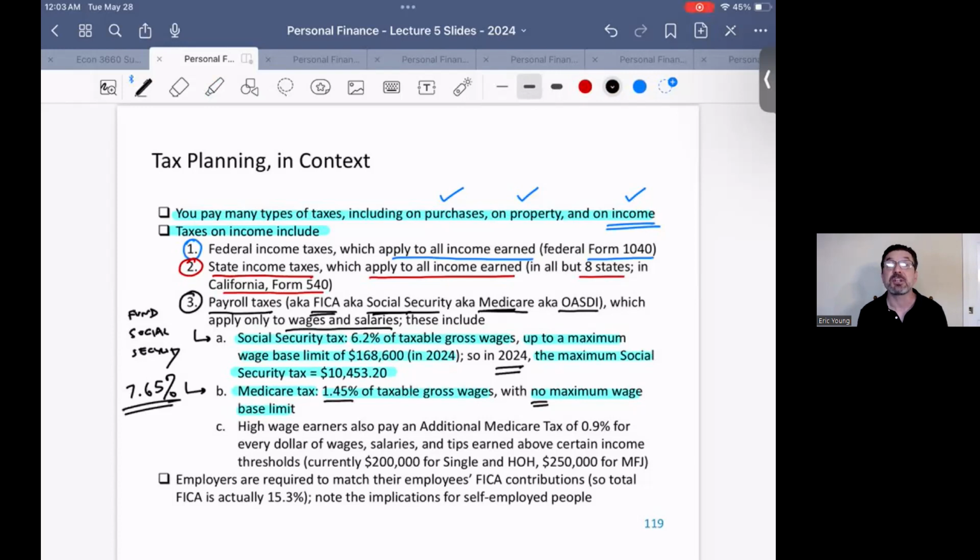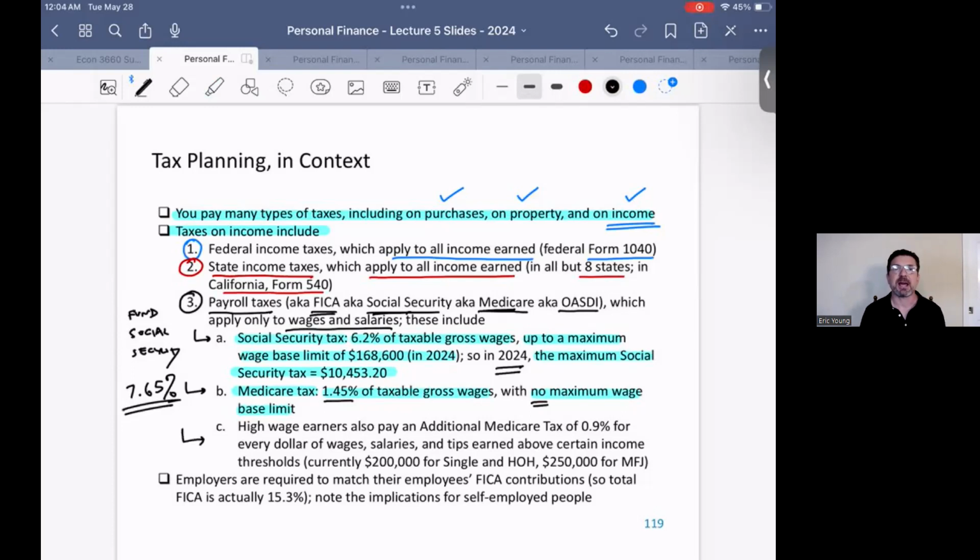And it's important to bear in mind that 7.65% is separate from your federal taxes and your state taxes. So if, for example, like me, you live in California, you're going to be paying 7.65% of your income to FICA and an additional amount to the federal government and an additional amount to the state of California. So you can see how these things will add up really quickly. There is one more thing I want to point out to you.